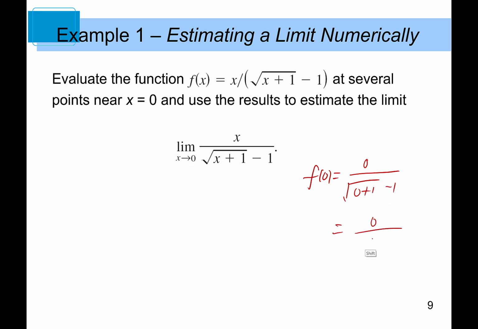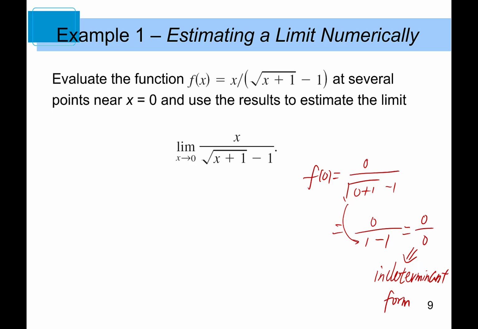So 0 over 1 minus 1. The radical of 1 equals 1, and 1 minus 1 is 0. So we have 0 over 0. This is what we call an indeterminate form, meaning nobody knows what that is.